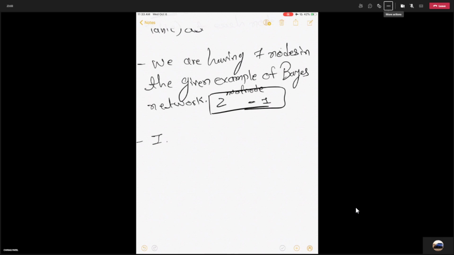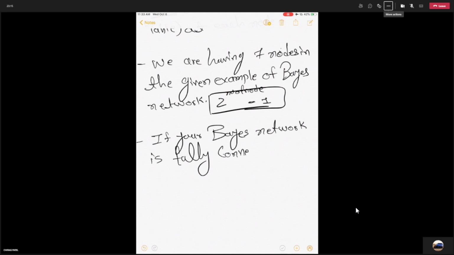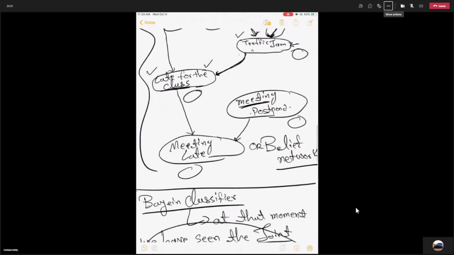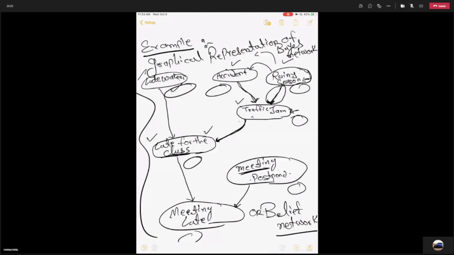If your Bayes network is fully connected, means each and every node is connected with each other. It's not like this node is only connected with this, or it's not having any parents.